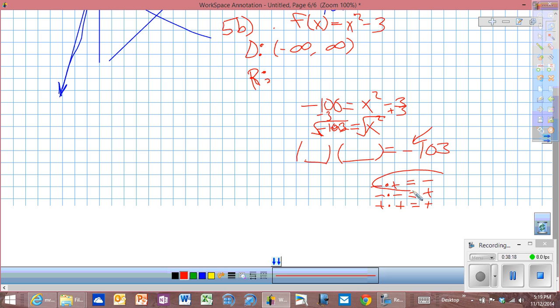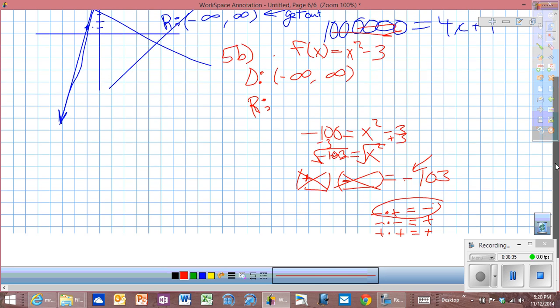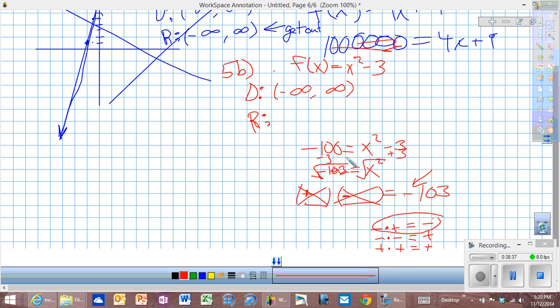So the only way I can get negative 103 is if I had one positive number and one negative number. If they have to be positive and negative, that can't happen. I can't have anything negative. So that's what's going to happen every time I do square roots: I can't take square roots of negatives if I had to solve this.